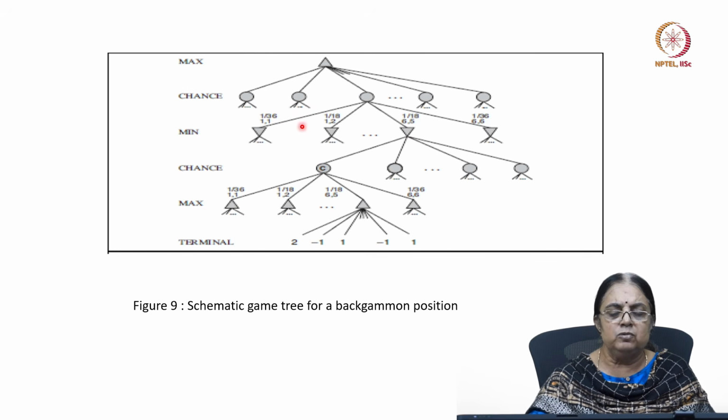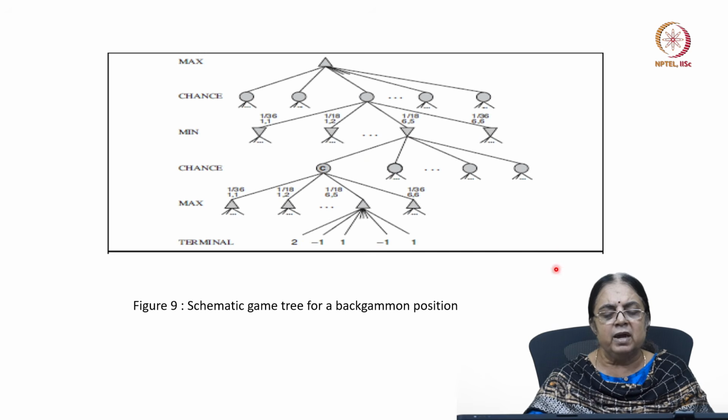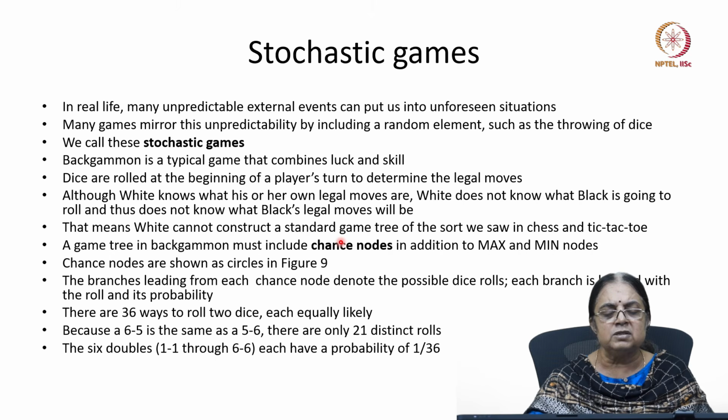So what you do is, if you come to a terminal node, you can find the utility of the node, just like we spoke about in the other cases, right? And if you consider other states, you can use the same maximum and minimum result that we have.